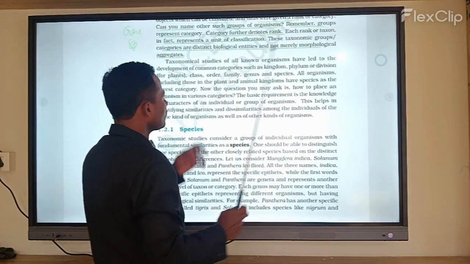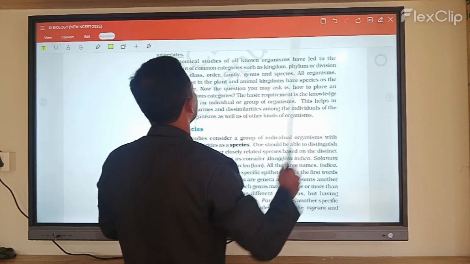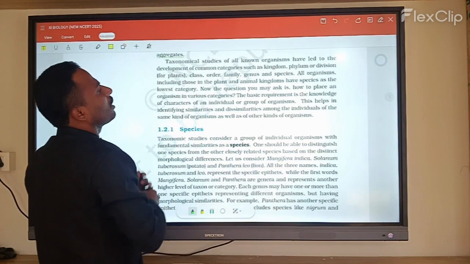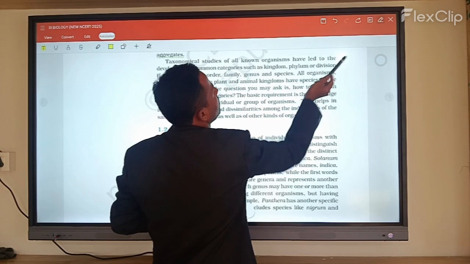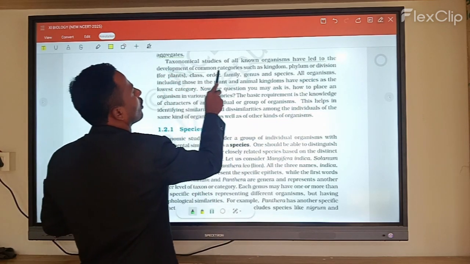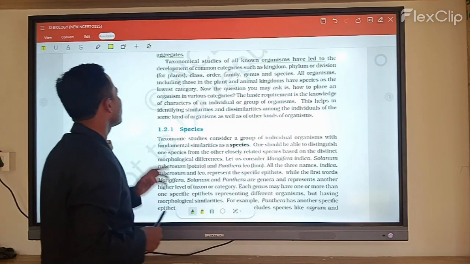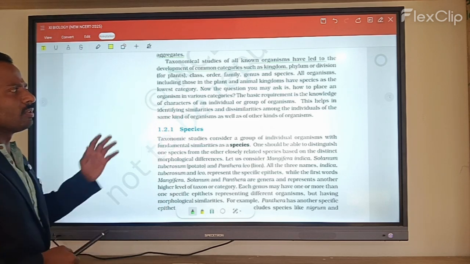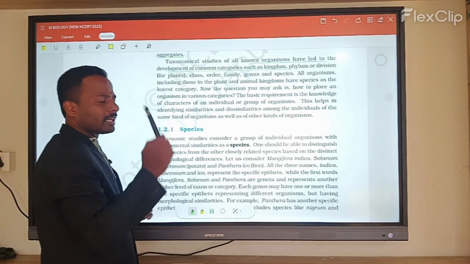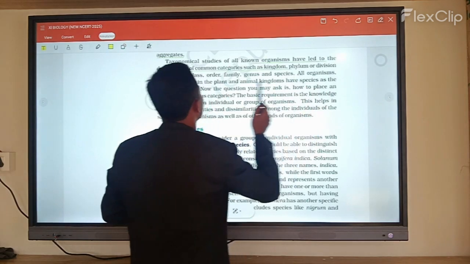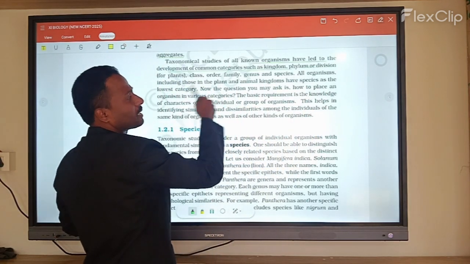Next, taxonomical studies of organisms have led to the development of common categories such as kingdom. So when we observe one particular category, we follow first the kingdom, and then phylum or division in the plants. In plants we call it a division.